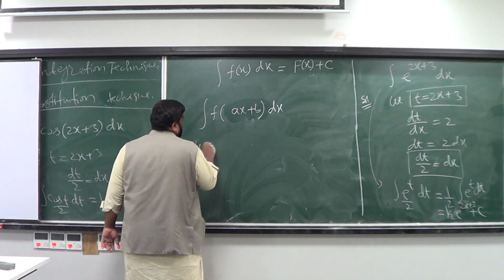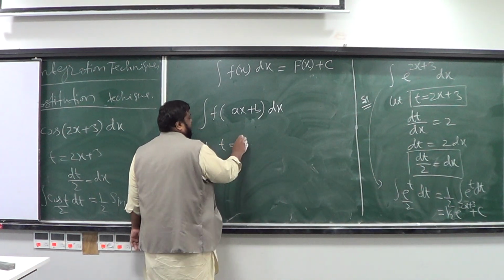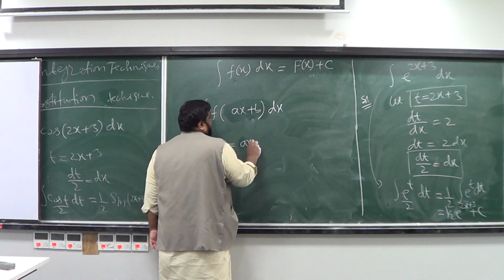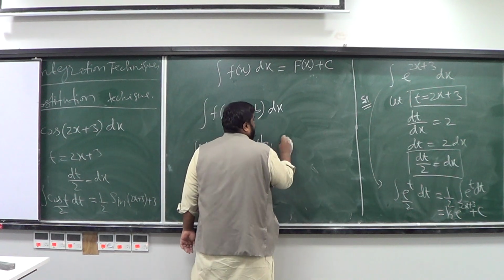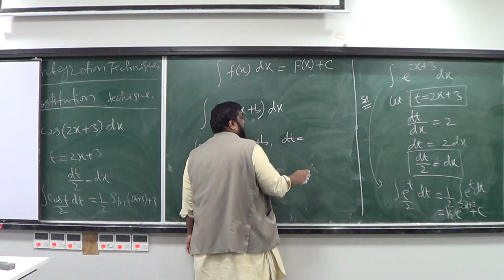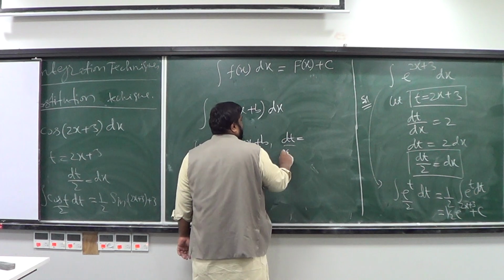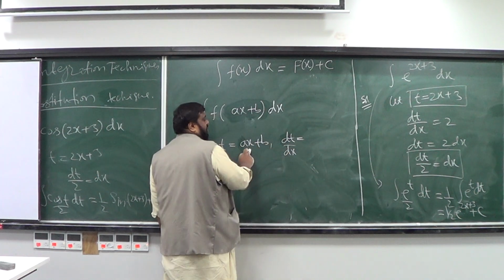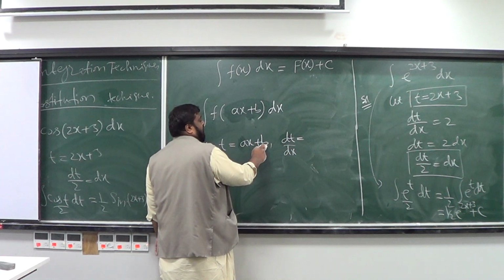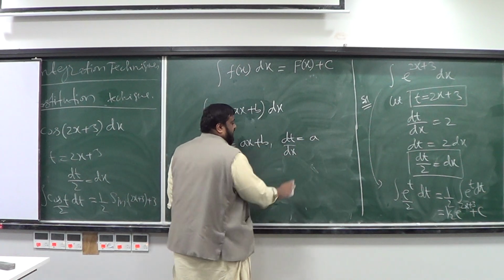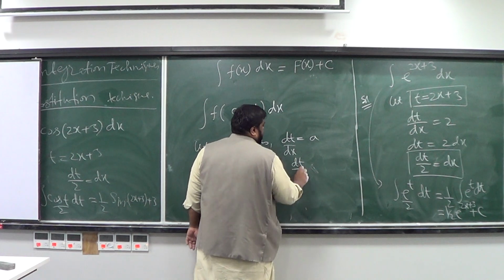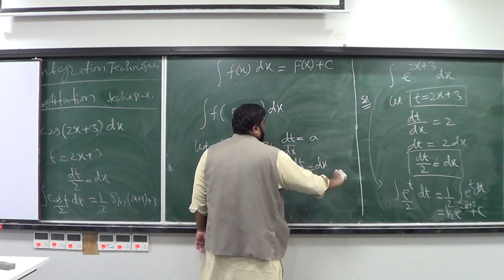I can make the same substitution. Say let t be ax plus b, and dt over dx is going to be what? The derivative of b is 0, the derivative of x is 1, so it's going to be a. Hence, by the same, I can say that dt by a is going to be dx.